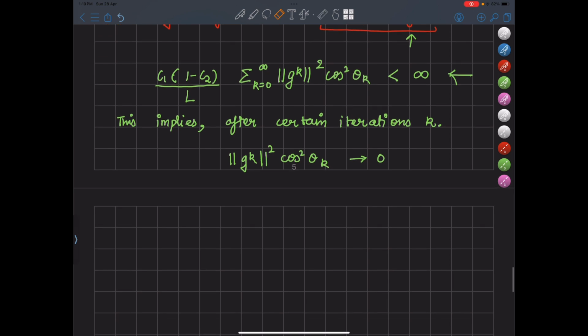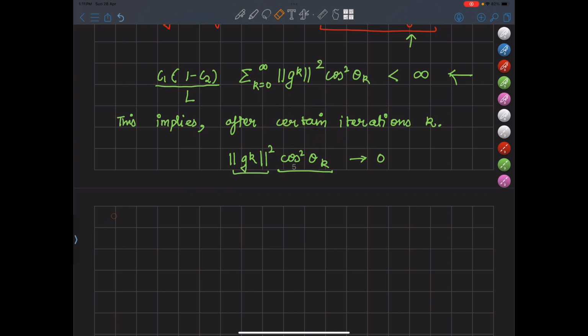Because there are two terms, θk depends upon the way we choose our descent direction, right? So whatever the direction of descent is, θk depends on that, and that we choose. So the algorithm chooses dk, which we have some control over.